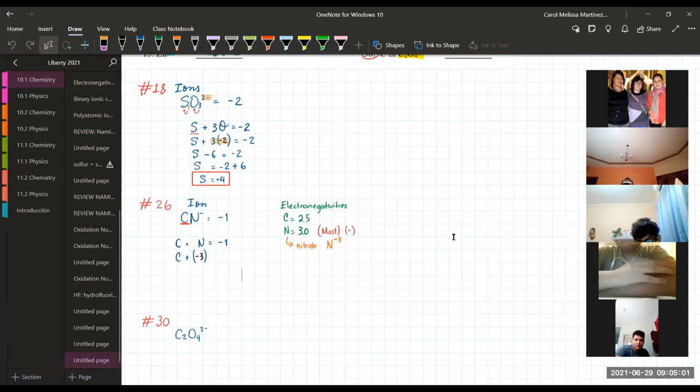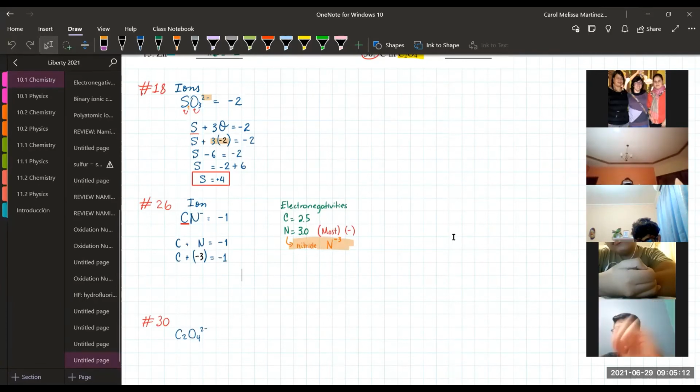Because of the nitride, remember, we just did the process of it. So we say carbon minus 3 equals -1. Carbon is equal to -1 plus 3. So the oxidation state for carbon is going to be +2.